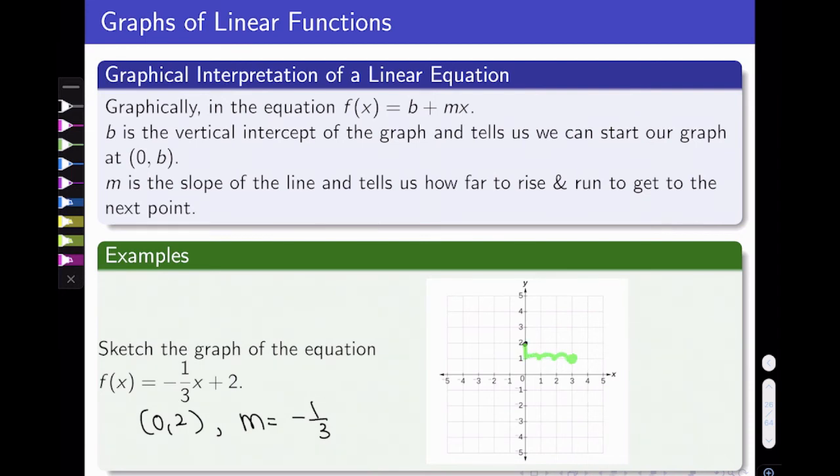And that's where our next point will exist. And we could do this again. Up 1 and back 3 to get another point on the line. And here's our line f of x equals negative 1/3 x plus 2. So we have a decreasing function because the slope is negative.